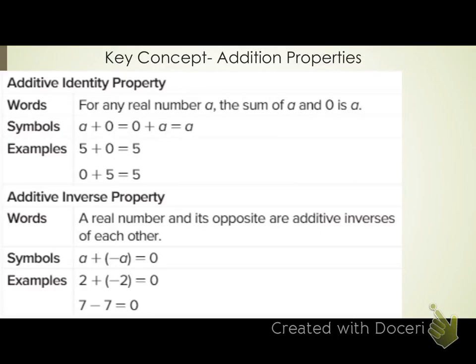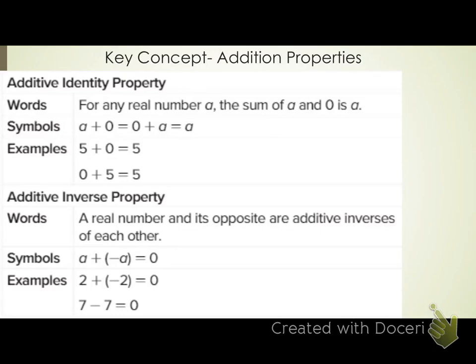If you write it with symbols, A plus 0 equals 0 plus A, which equals A. And then some examples. 5 plus 0 equals 5. 0 plus 5 equals 5. 10 plus 0 equals 10. 0 plus 7 equals 7. If you add 0 to anything, you just get that number back. That's all that's saying. Okay? Questions on our additive identity?